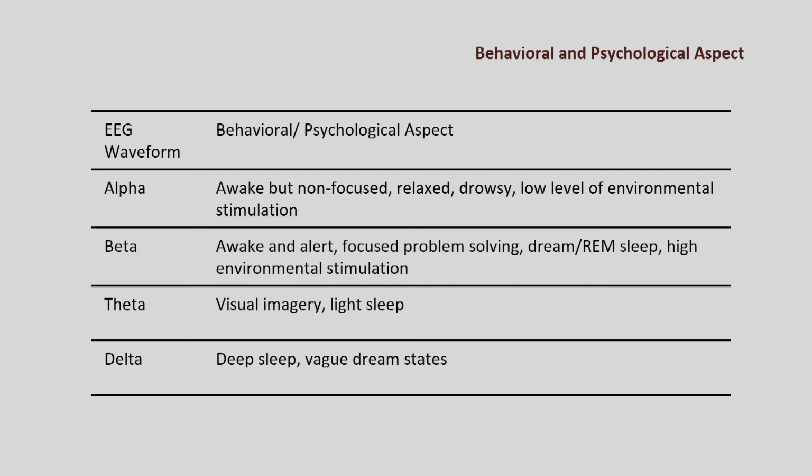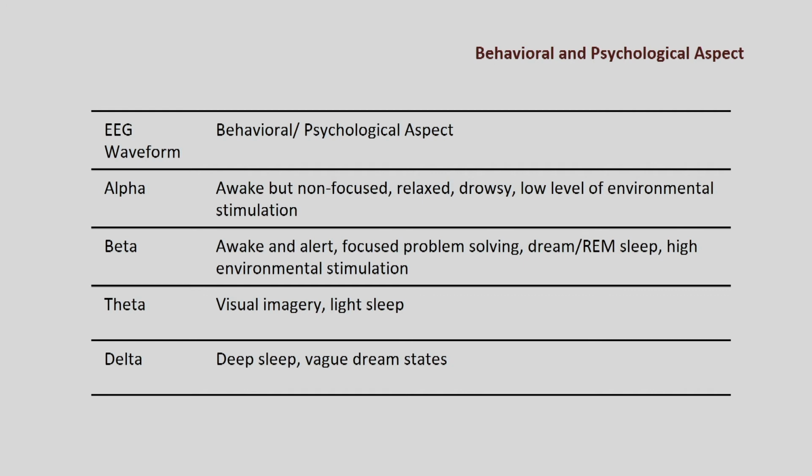Alpha appears when you are awake but not focused: you are a little relaxed, drowsy, your eyes are open, but you are not really looking at something. Beta is a very alert, awake condition.